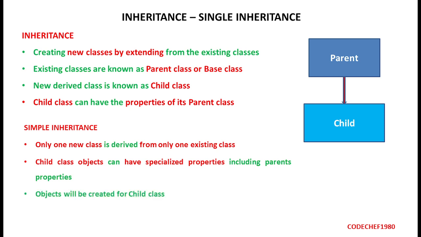When we implement inheritance, we have to create objects for the child class, because the child class has the properties of the parent and also its own specialized properties. To access the child class properties, the objects must be created on the child class, so both the child class properties and the parent class properties can be accessed.